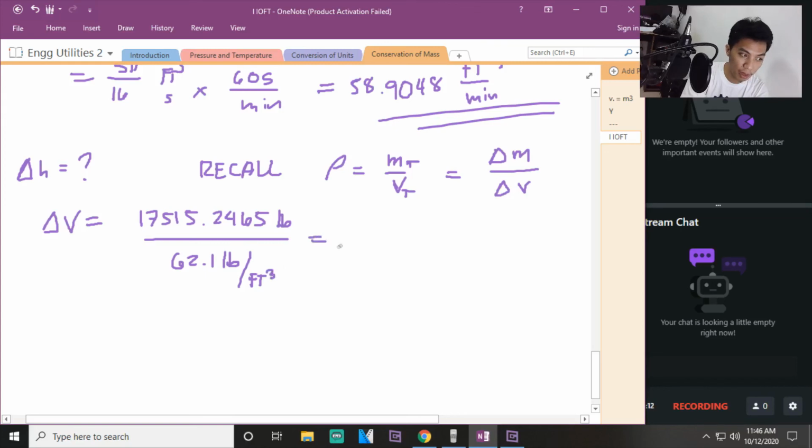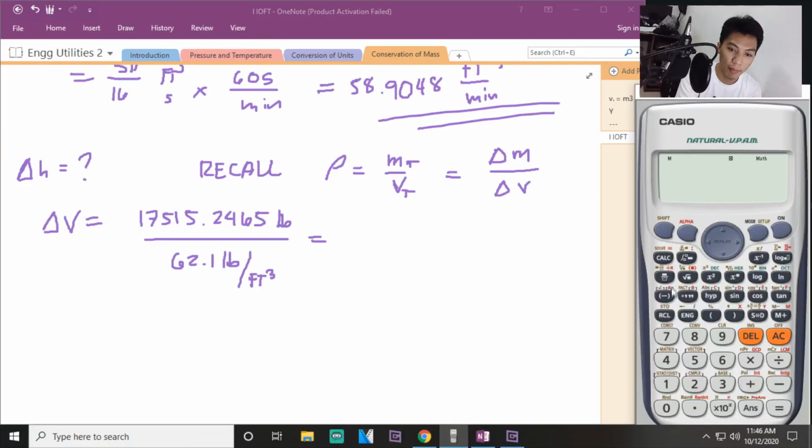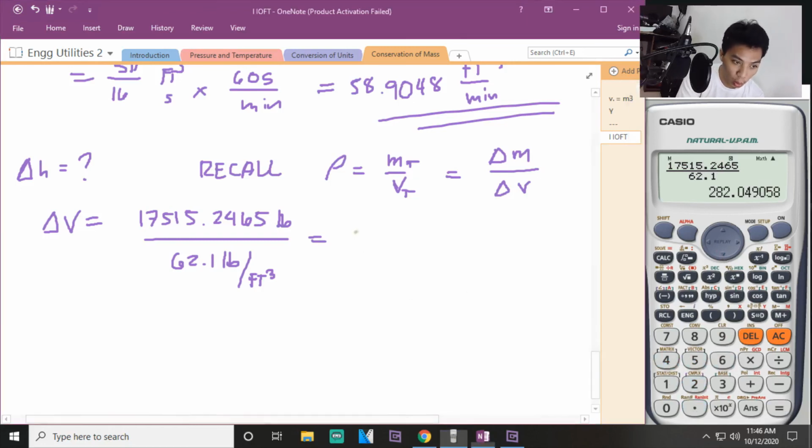So, after 15 minutes, ito na yung maging volume niya. So, let us solve. 17,515.2465 divided by 62.1. Okay, 282.0491. Ano lang unit na tira dyan? Feet cube.